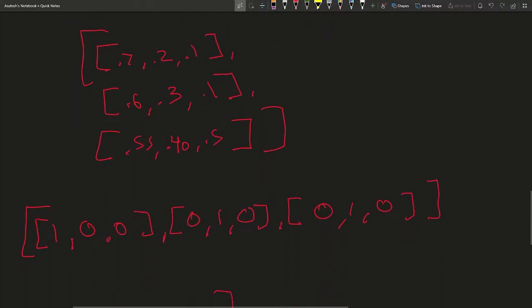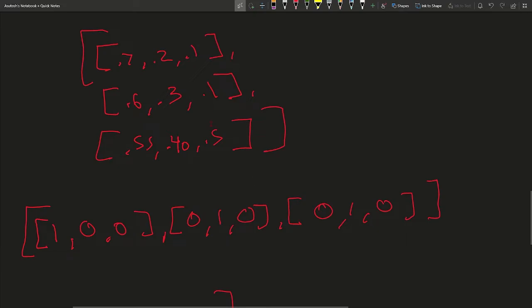So what we can do is take a look at these one hot encoded vectors and then take a look at these outputs individually and then index them and pull the correct confidence values that we need to calculate the loss, right?